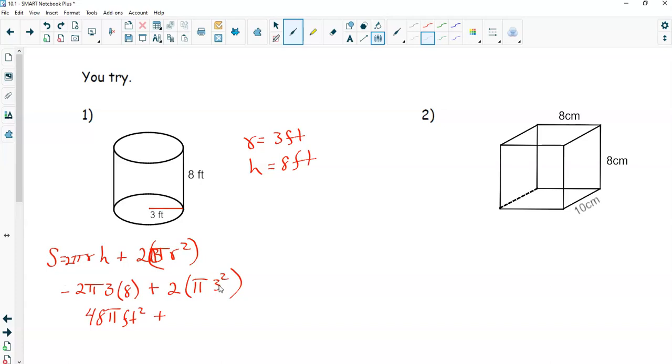Plus 3 squared is 9. 9 times 2 is 18 pi square feet. So we have 48 and 18, that's 66 pi square feet. That's for your total surface area. And that's it. If you want to round it, just put it in the calculator and you have an approximate.